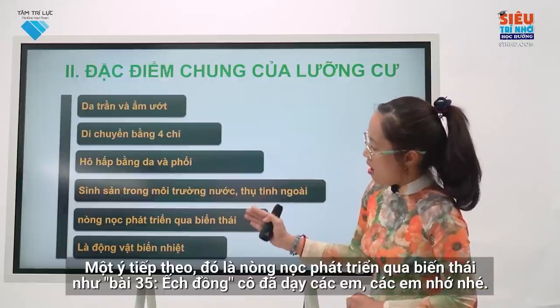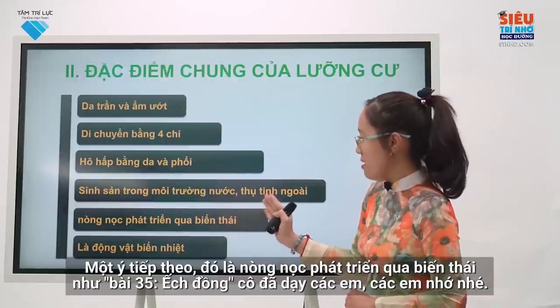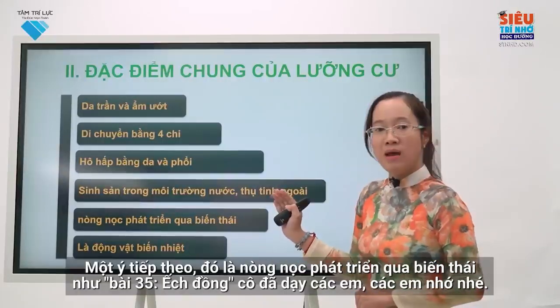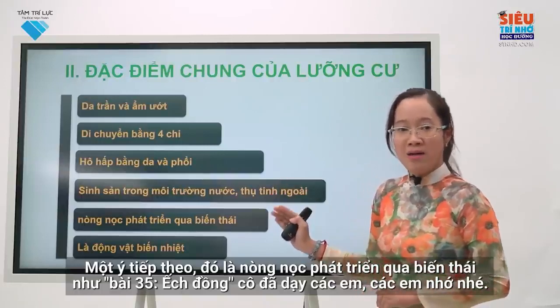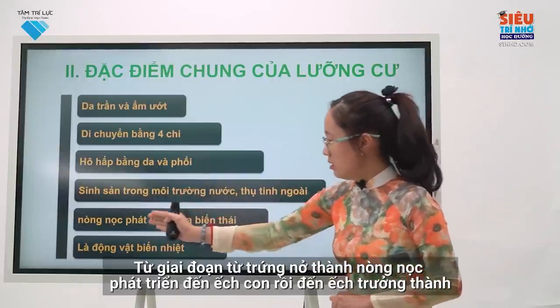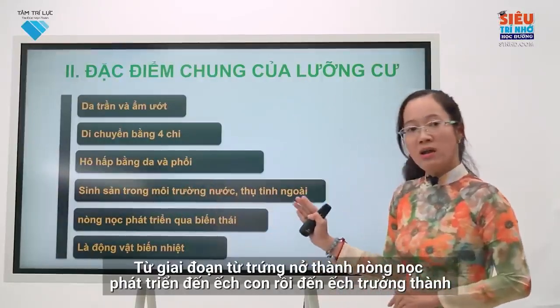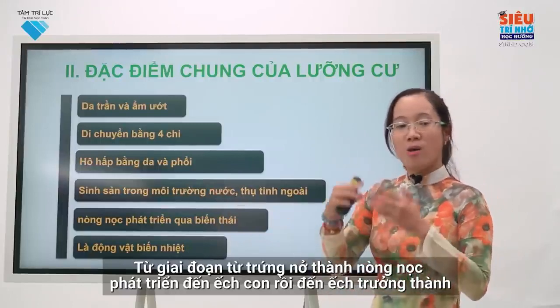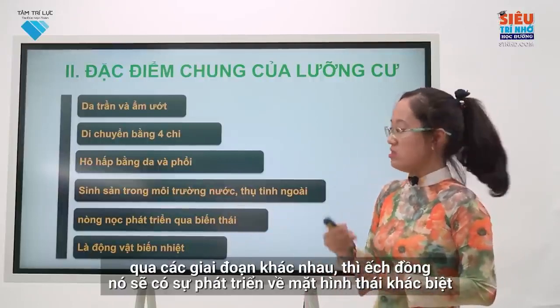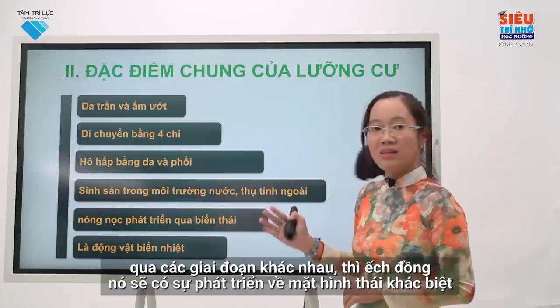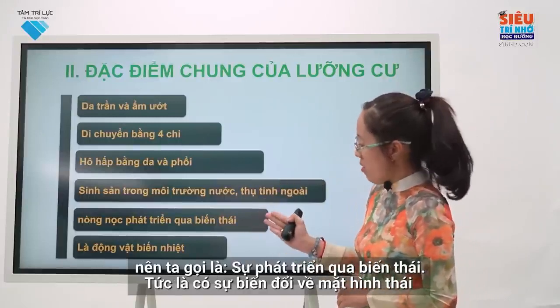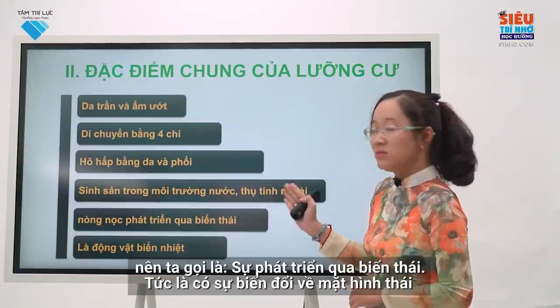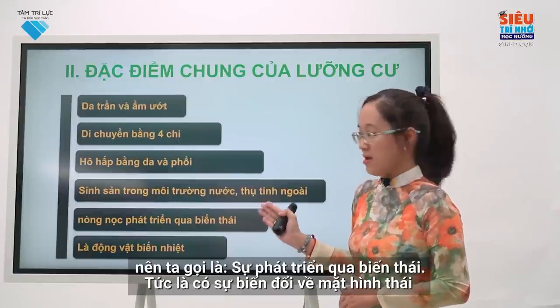Another characteristic is that tadpoles develop through metamorphosis, like the East Asian bullfrogs I taught you in Lesson 35. Remember? From the frog egg hatching to the tadpole, to the baby frog, and then to the adult frog, through different stages it has a different morphological development. So we call it metamorphic development, which means there is a change in morphology.